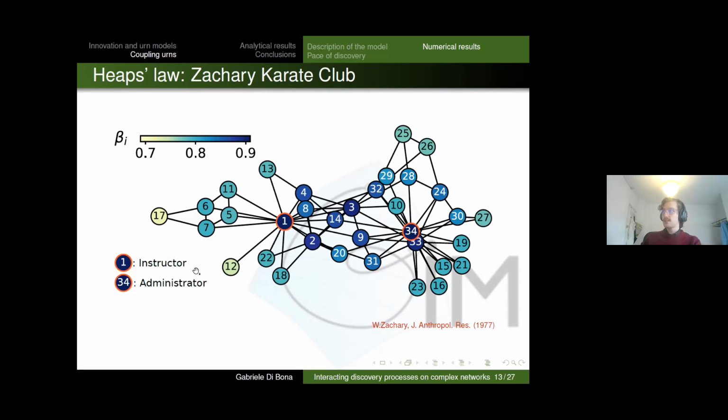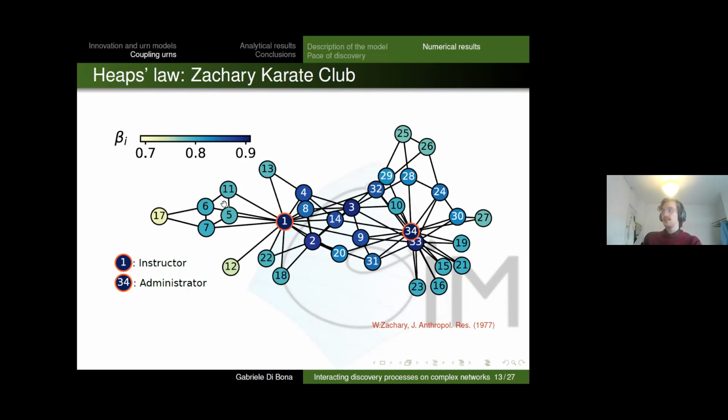In fact, they are the instructor and the administrator of the club. They have a lot of links, so they have the higher exponent, while for example node 17 is very far from the center, has not too many links, and in fact has a low Heaps exponent.